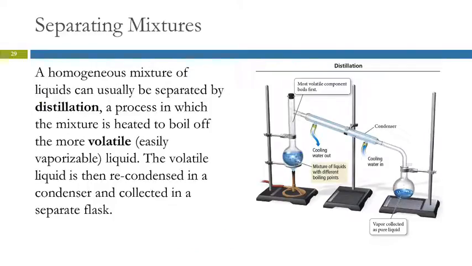Another method is distillation. So here's an illustration of a very simple distillation apparatus. So here we have a round-bottom flask with a mixture of different liquids. And this is exactly the way that they distill alcohol. Okay, so you can make alcohol by taking anything with sugar in it, hops or grain or wine or almost anything, and letting it ferment.